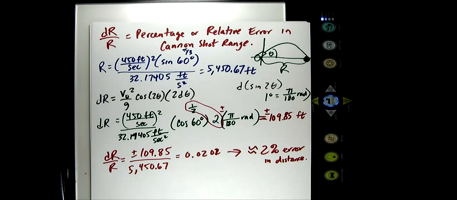I have a question. So how'd you get G? Why is it 32.17405? That is an excellent question.